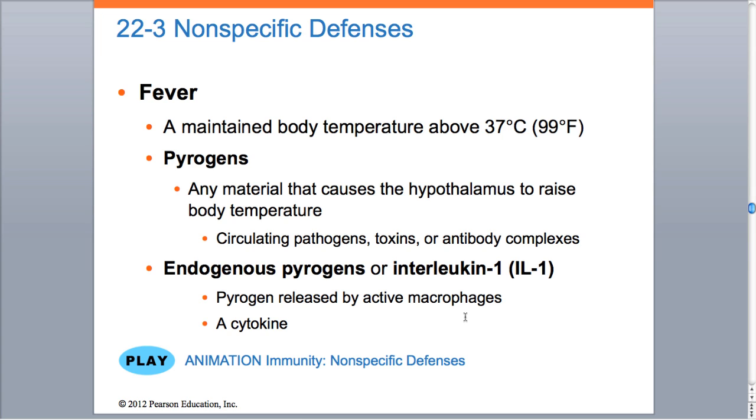Interleukin belongs to who? Level 1. Macrophages belong to what? Level 2. This slide is saying that a fever, by way of interleukins, will stimulate level 2. So if level 1 stimulates level 2, level 2 can stimulate level 3 or 4. Okay, that's how it works.